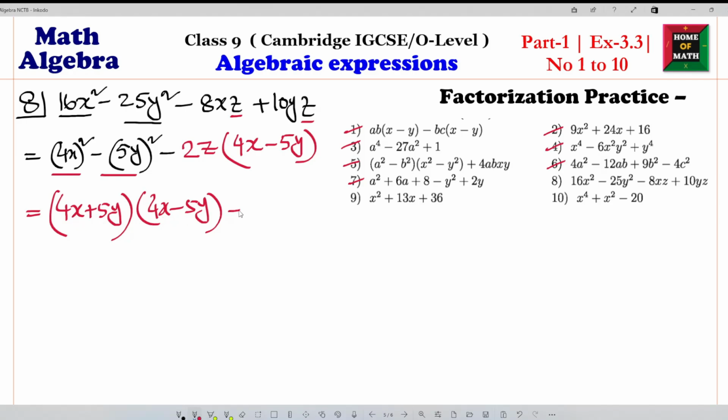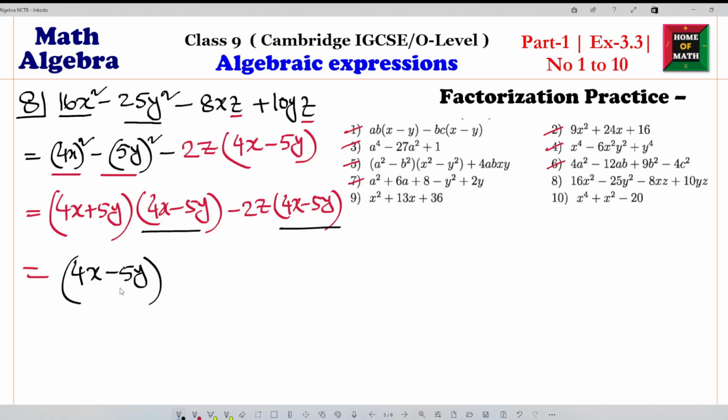And here is minus 2z(4x − 5y). Now we can take common 4x − 5y, so we can write (4x − 5y)(4x + 5y − 2z), and this is our answer.